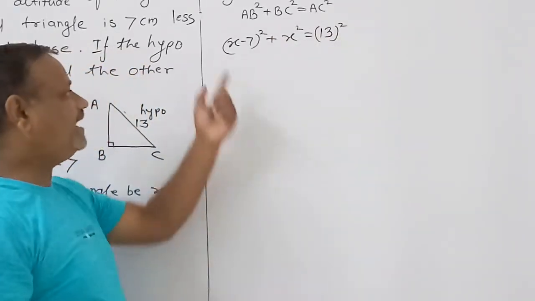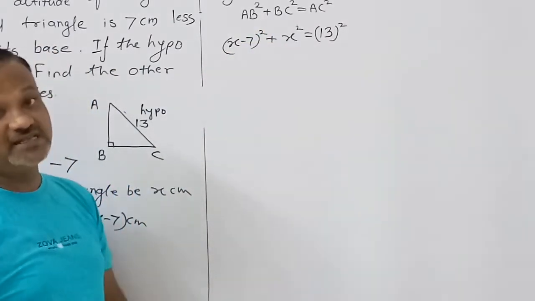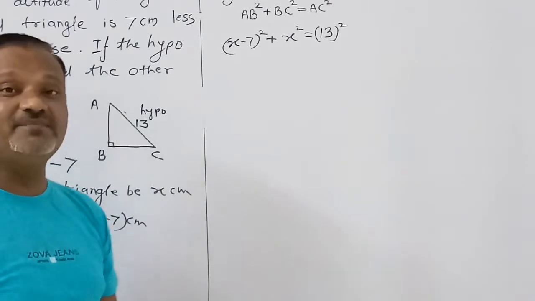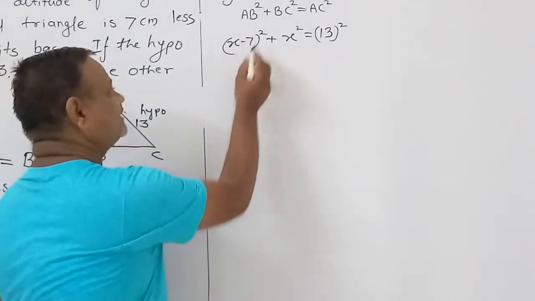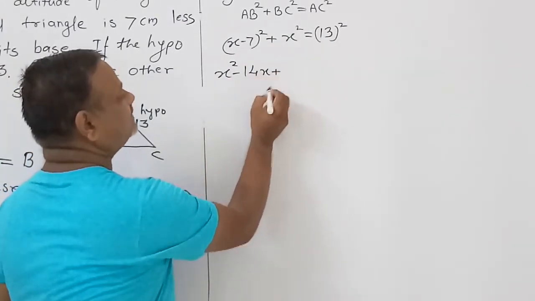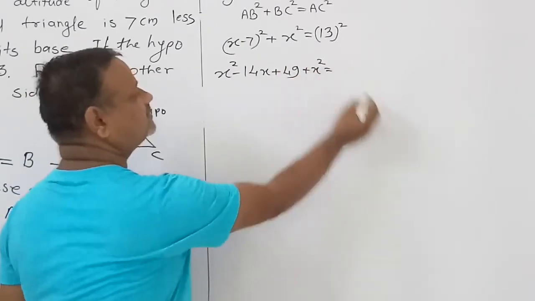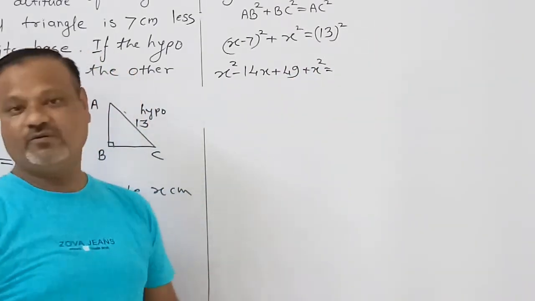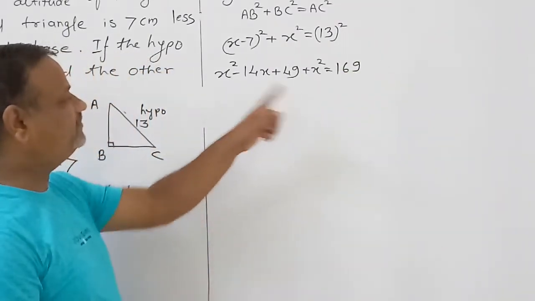Got it? Now this is again (a minus b) whole square. We can use the identity, that is a square minus 2ab plus b square. Okay, so x square minus 14x plus 49 plus x square is equal to the square of 13, 169. We shift this.